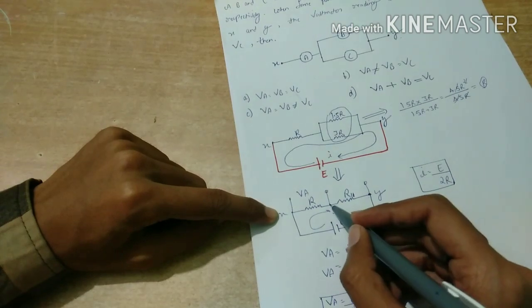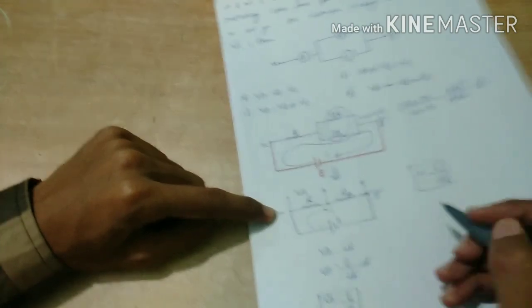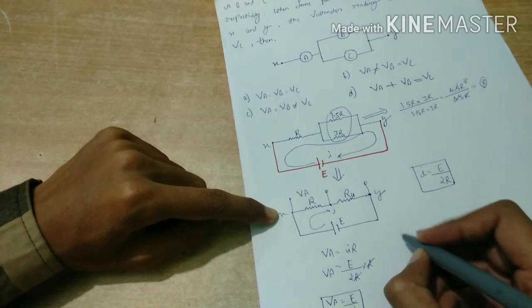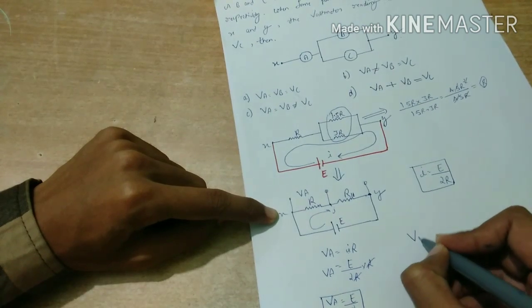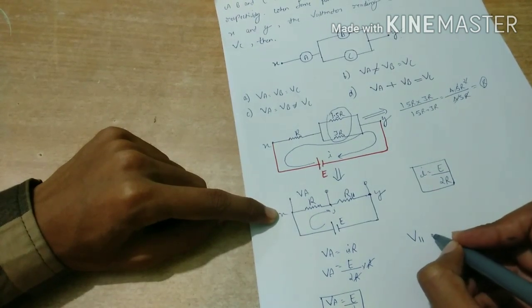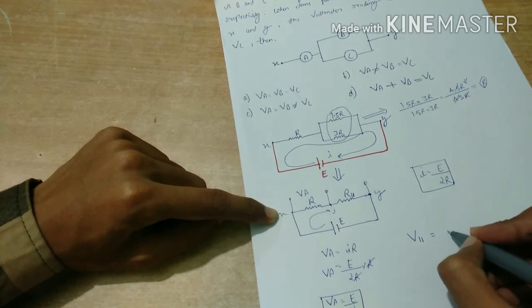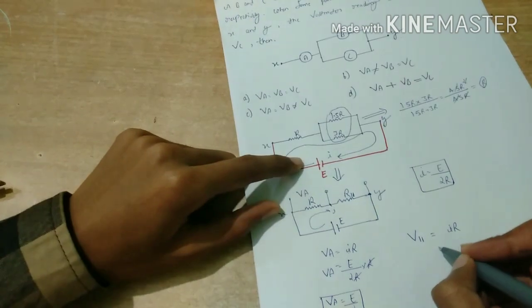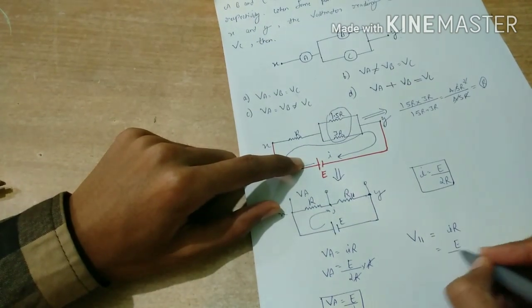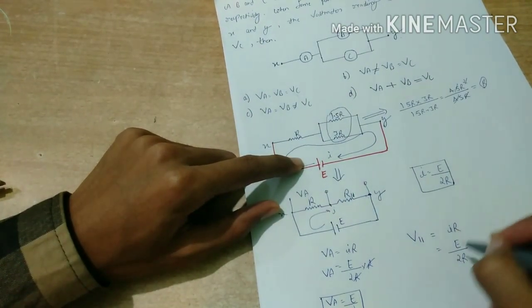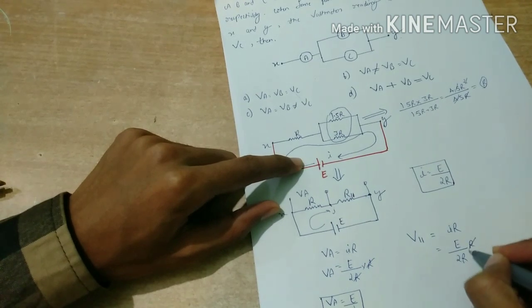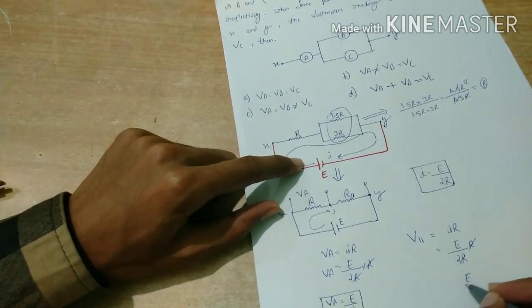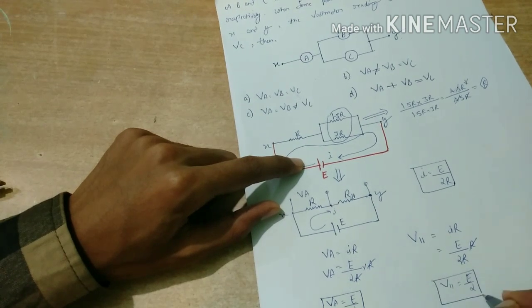Now we have to find the voltage difference across the parallel combination. It is equal to IR, equal to E divided by 2R times R. Put the value of I here and R cancels out, E by 2 equal to V parallel.